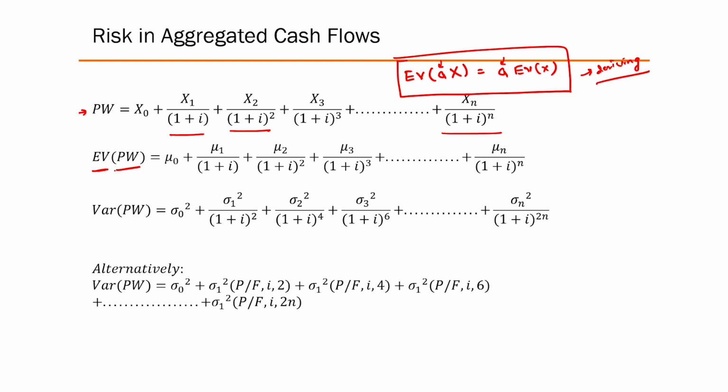With that, your expected value of the present worth will easily become, the first is mu naught, there is no coefficient. In the second one, the expected value of x1 is mu1, mu is the notation for mean that we typically use, and 1 plus i becomes your what?